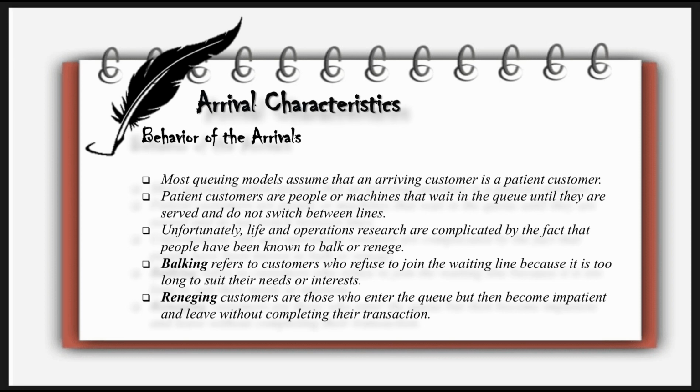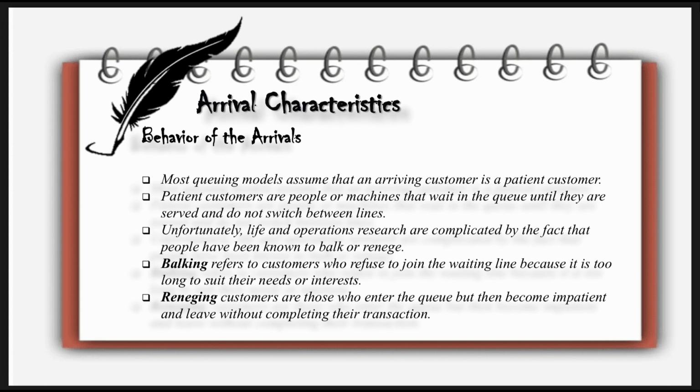So unfortunately, life and operations research are complicated by the fact that people have been known to balk or renege. What is balking and what is reneging? Balking refers to customers who refuse to join the waiting line because it is too long to suit their needs or interests.